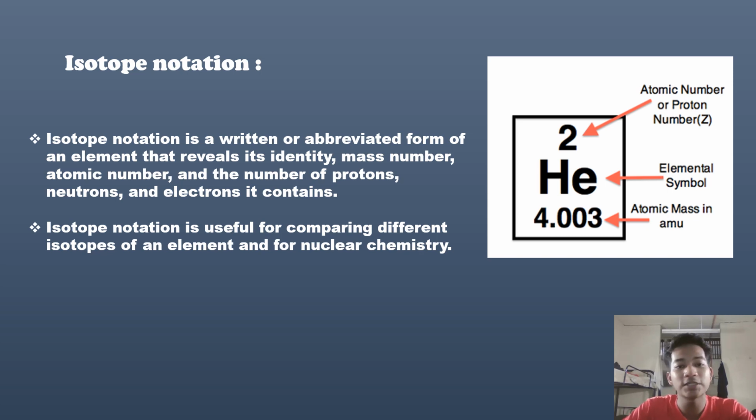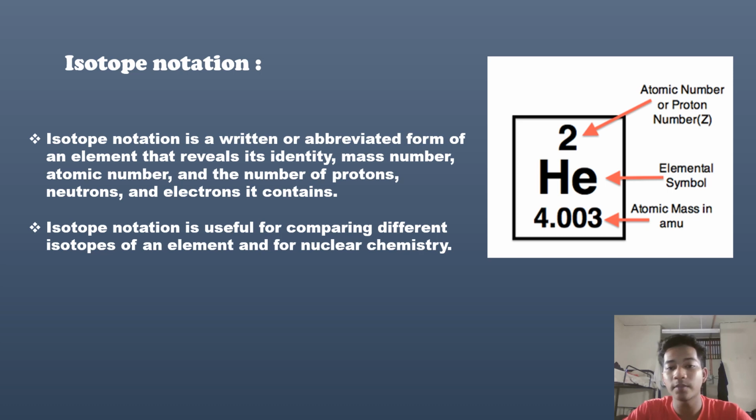Isotope notation. Isotope notation is a written or abbreviated form of an element that reveals its identity, mass number, atomic number, and the number of protons, neutrons, and electrons it contains. Isotope notation is useful for comparing different isotopes of an element, and for nuclear chemistry.